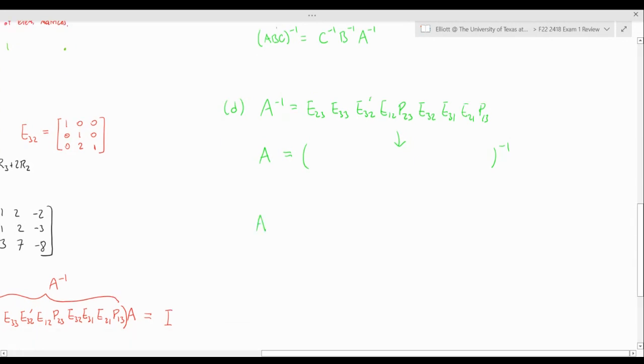So what that means is to invert this product, I'm just going to apply an inverse to each of these matrices. But then I also need to write them in the reverse order. So P13 is going to go first on the left now, inverted. Then it's going to be E21 inverse and so forth, okay?